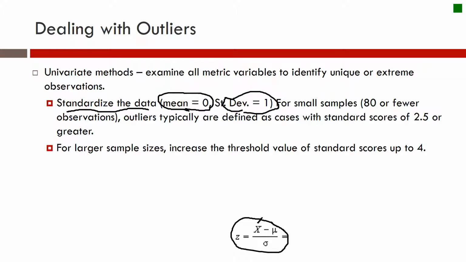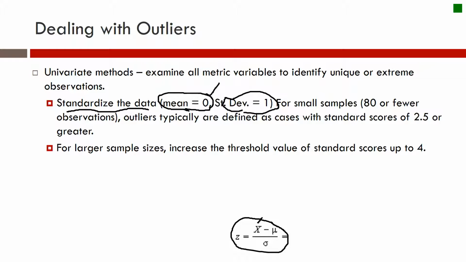When we look at that score, if we notice that it is really large or very far away from 0, then we know it's very far away from the average or standardized score that we would expect.